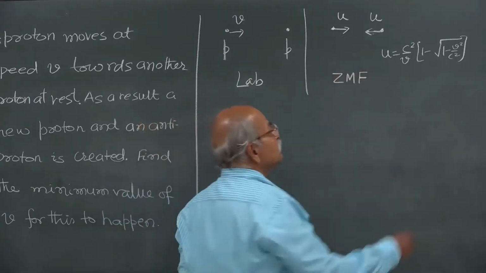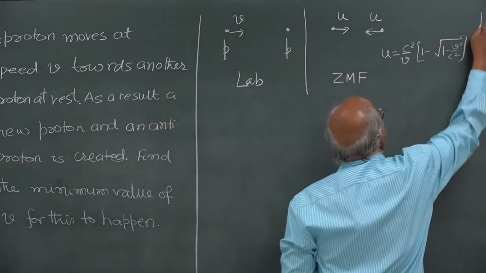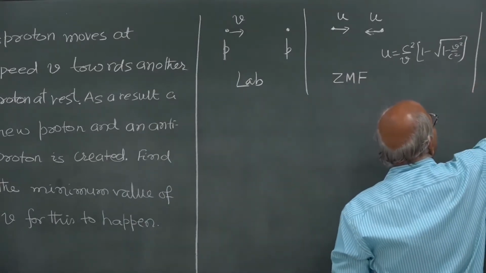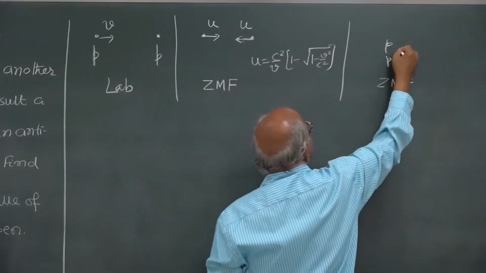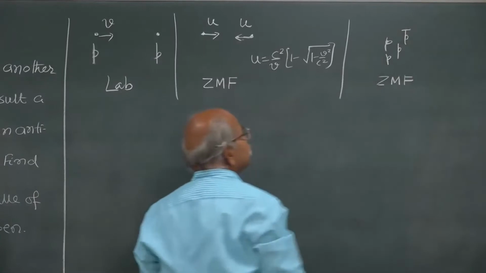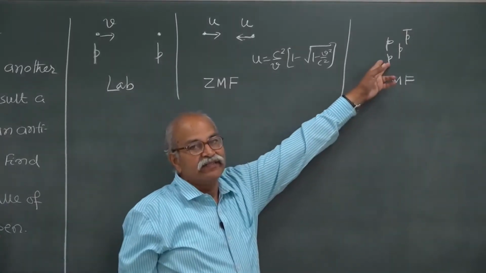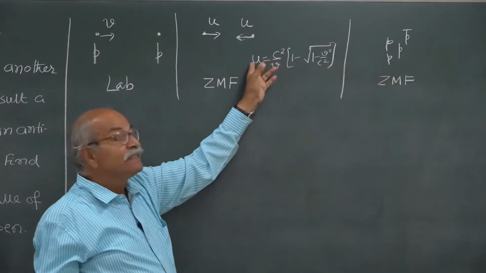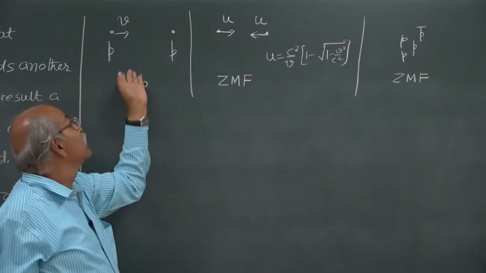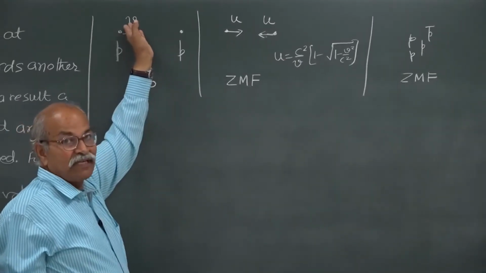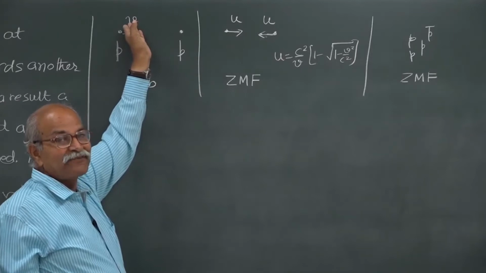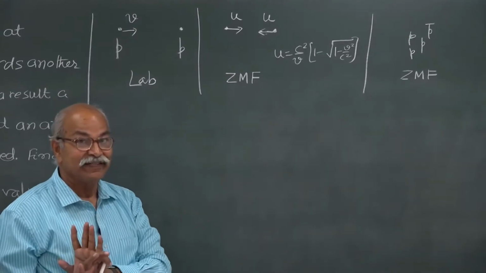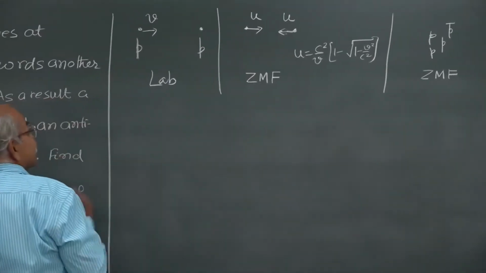If I demand that after the collision, in the zero momentum frame, you have P, P, P, and P bar, all at rest, then you will get the minimum value of u, and then you can find the minimum value of small v. But that will be tedious algebra, and there is a beautiful way of doing it, absolutely fantastic.